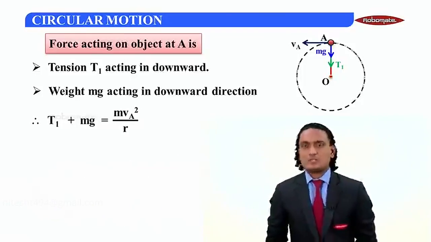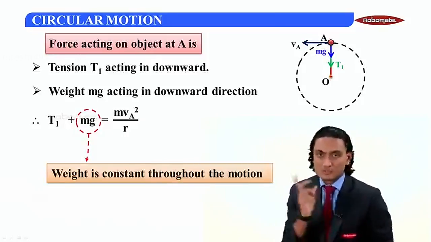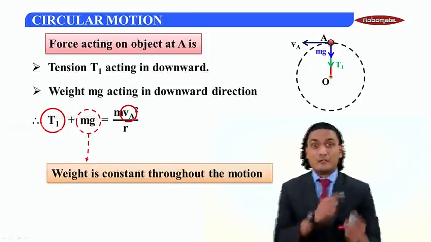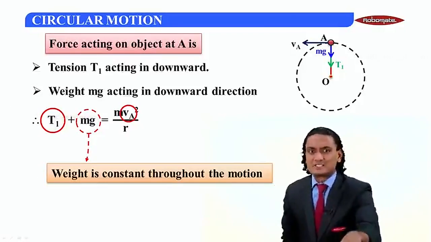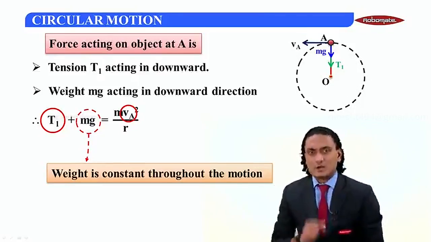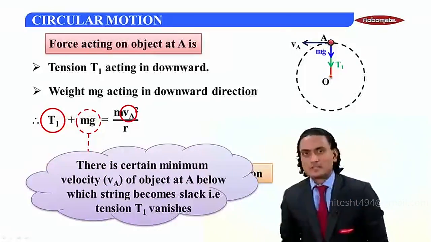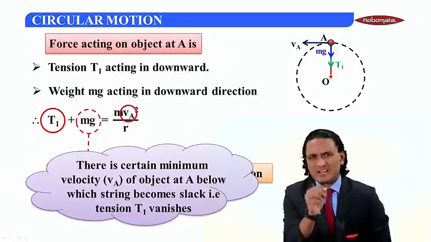Fine. Now students, we all know weight of the object is going to remain constant throughout the motion. So if weight is constant, then tension depends on velocity. If velocity increases, tension will increase. If velocity decreases, tension in the string will decrease. Now let us assume that this object is having a minimum velocity at point A. Then tension also will become minimum, very less.